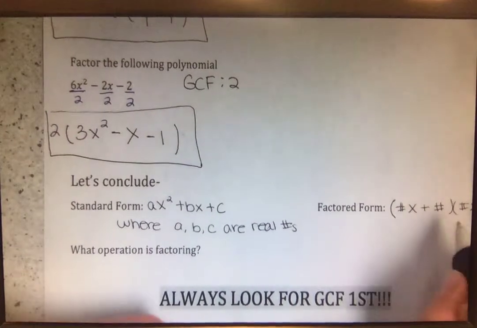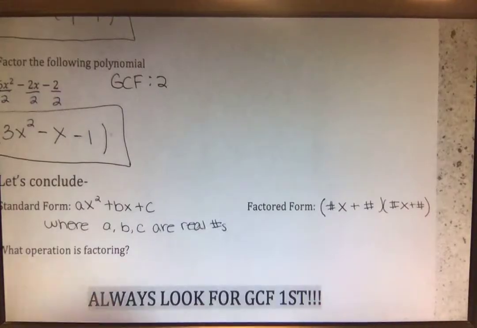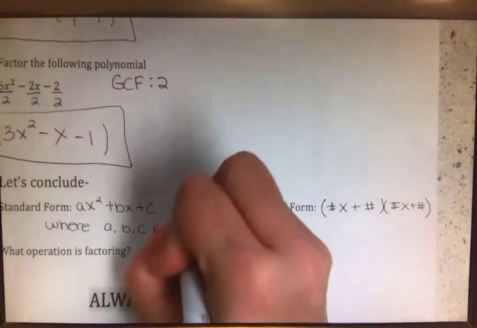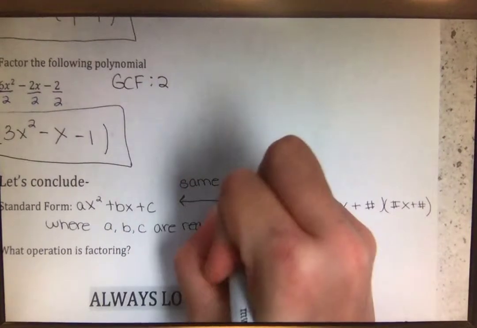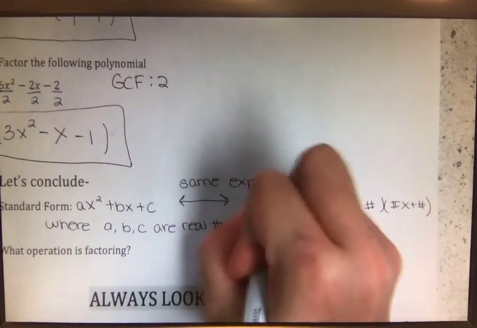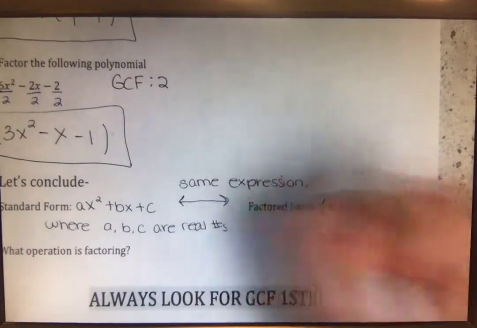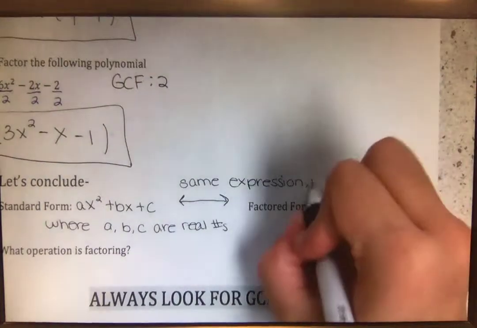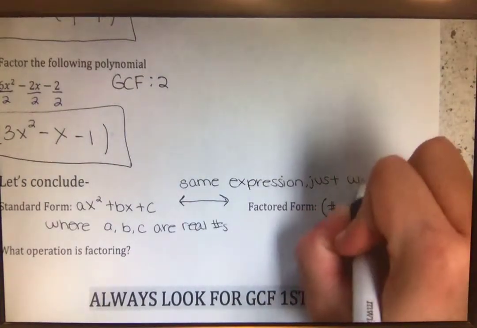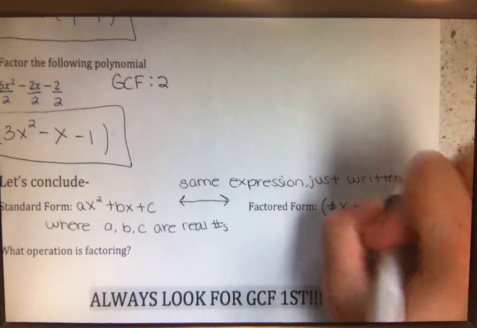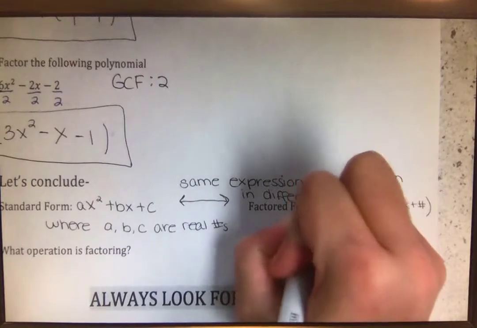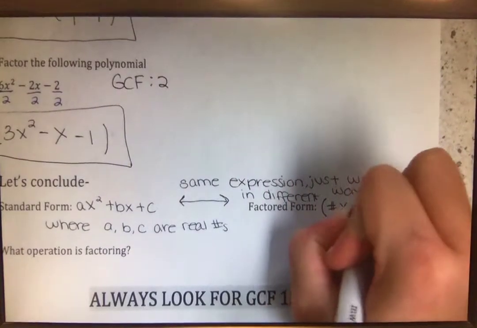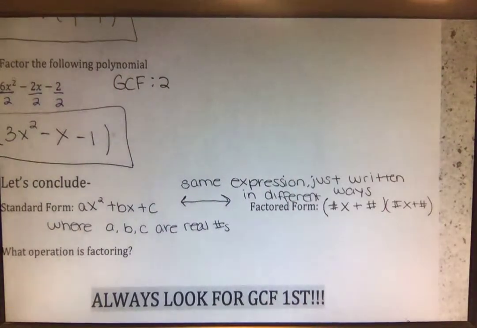So basically it's just saying we have a factor times a factor multiplied together to give us back our standard form. So these two things are the same expressions. They're just written in two different forms. Same thing, just written in different ways.